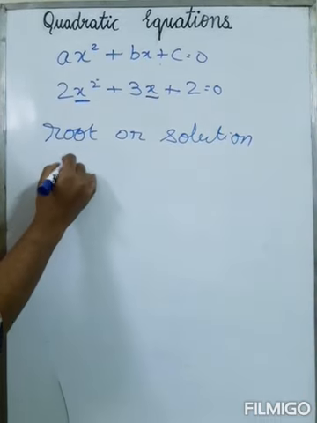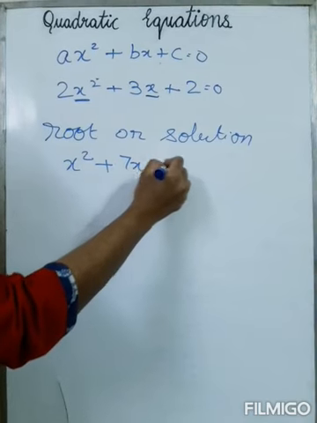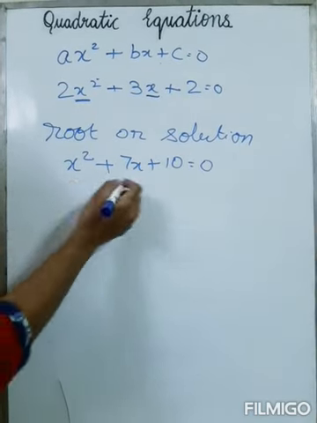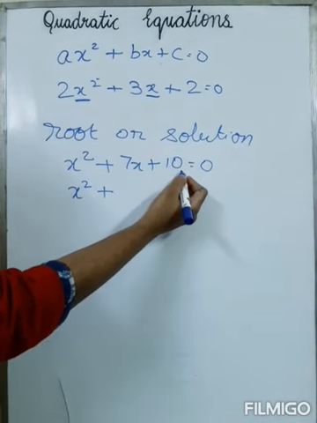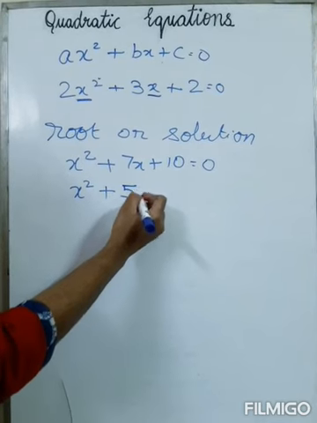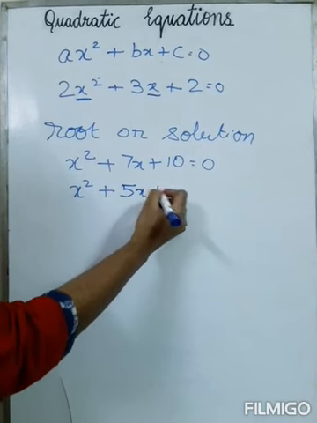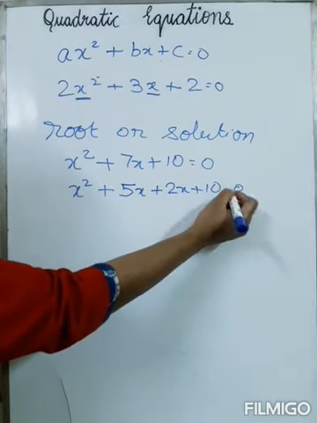Now suppose I am taking a quadratic equation x square plus 7x plus 10 equals to 0. Now factoring it, I can write x square, 10 can be written as 5 into 2. So in place of 7x, I can write 5x plus 2x plus 10 equals to 0.